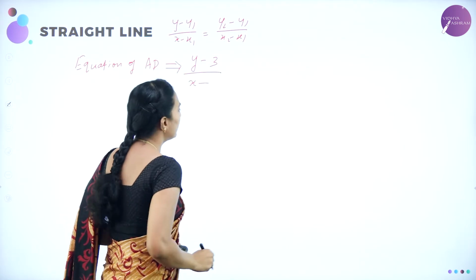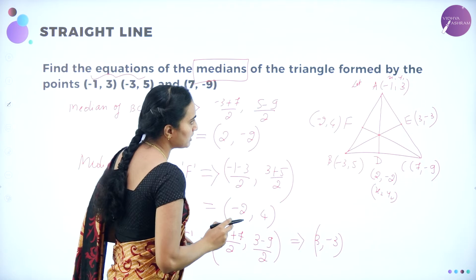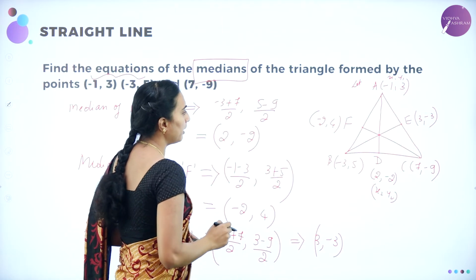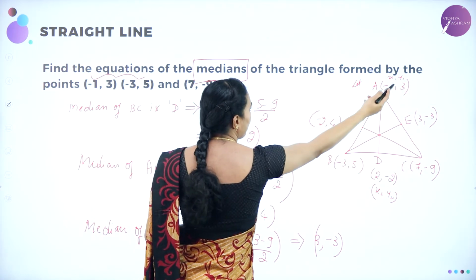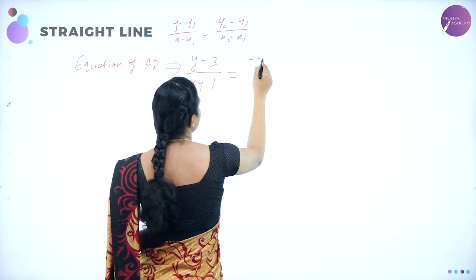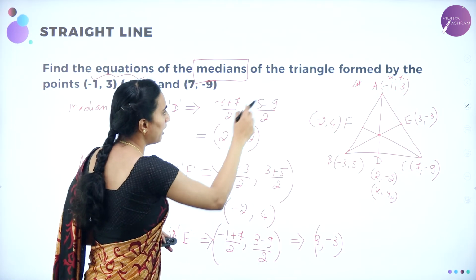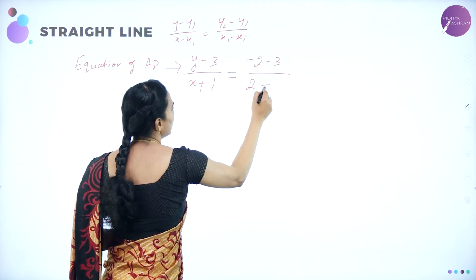Y1 is 3 and x1 is -1, so x minus of -1 is x plus 1, equal to y2 minus y1, that is -2 minus 3, divided by x2 minus x1, 2 minus of -1, that is 2 plus 1.